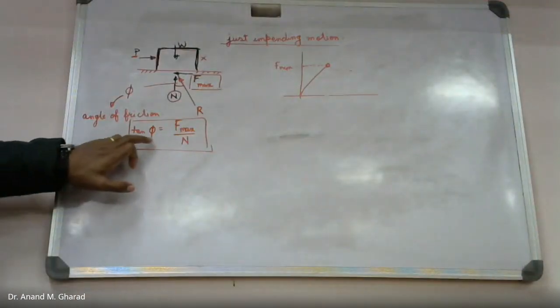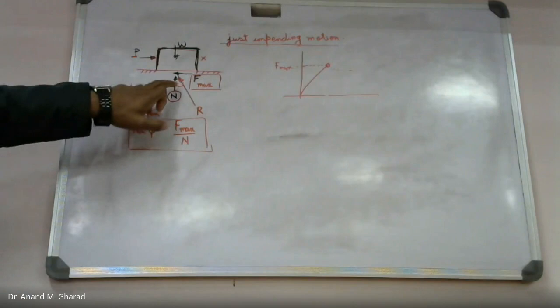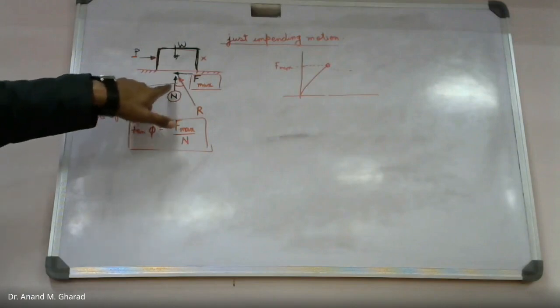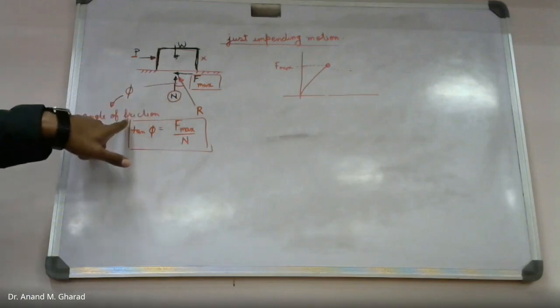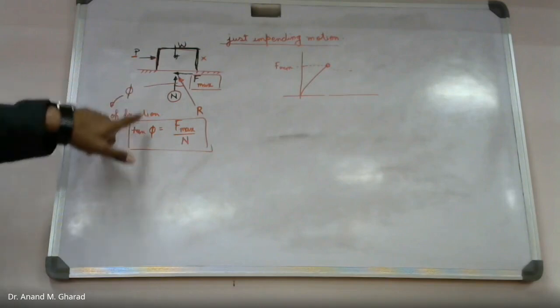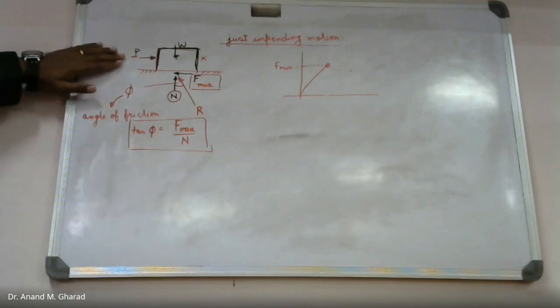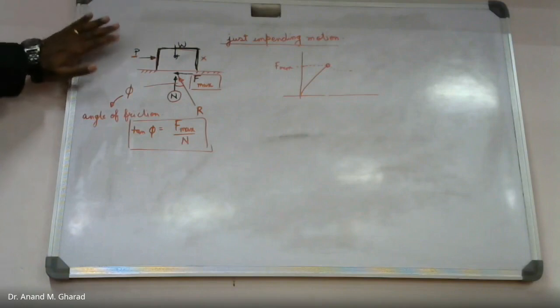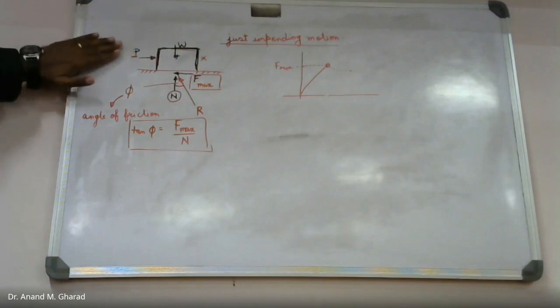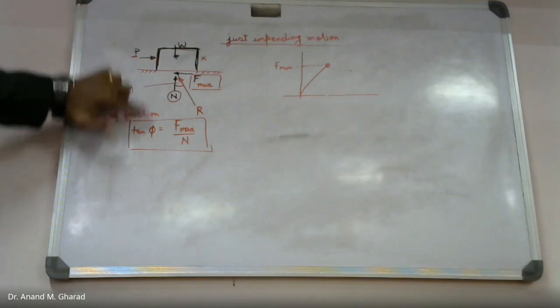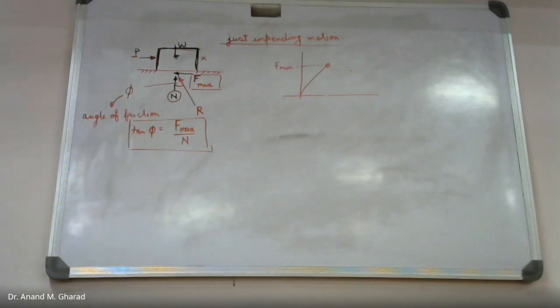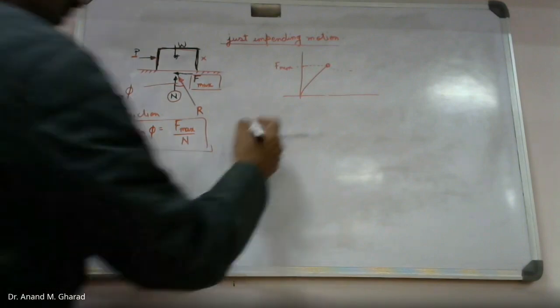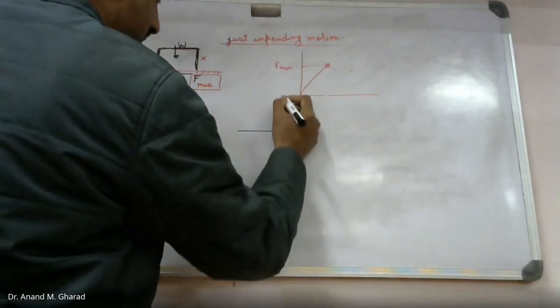So is the relationship okay? Tan phi is equal to F max by N. This angle is known as the angle of friction, and it will be of use whenever we solve numericals related to friction force. So is this relationship okay? Fine.